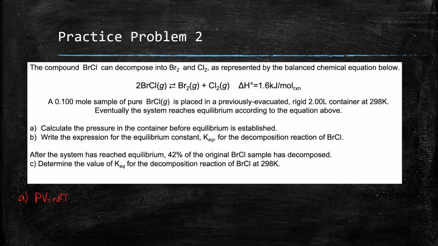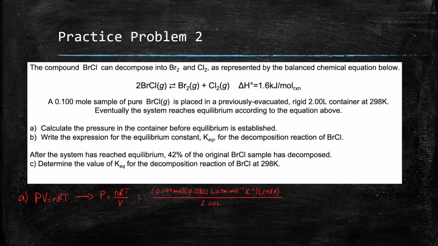So the ideal gas law can be applied here because that's going to give us the pressure. If you notice, we're given moles, T, and volume. And so we can rearrange this equation to find pressure. If we do that, we get P equals nRT divided by V. And so that's going to give us the pressure in the container before equilibrium is established.